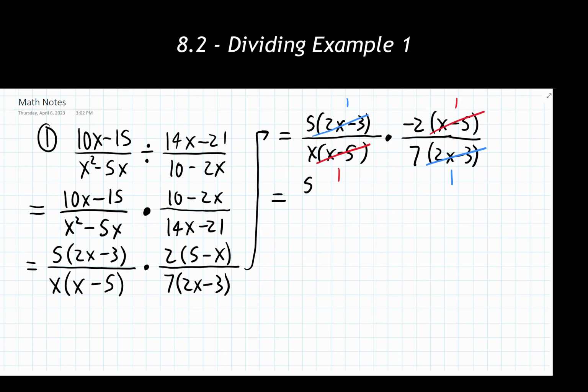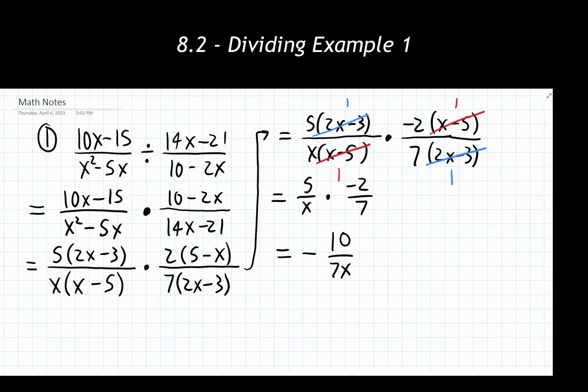My new first expression is 5 over x. The second one becomes negative 2 over 7. I can't factor and cancel anything else out, so now I can multiply everything together. I'm going to get a negative 10 over 7x.